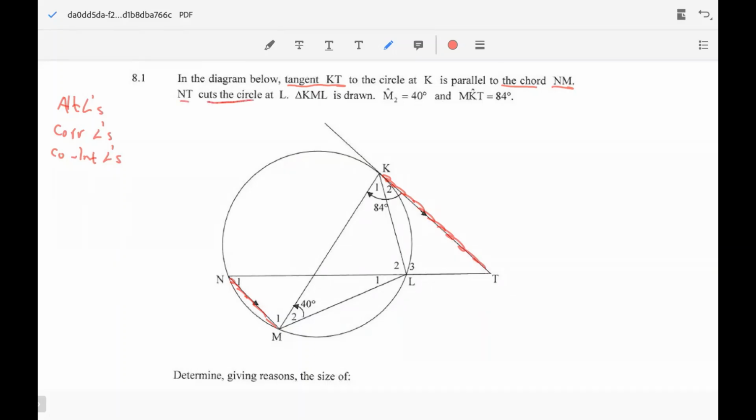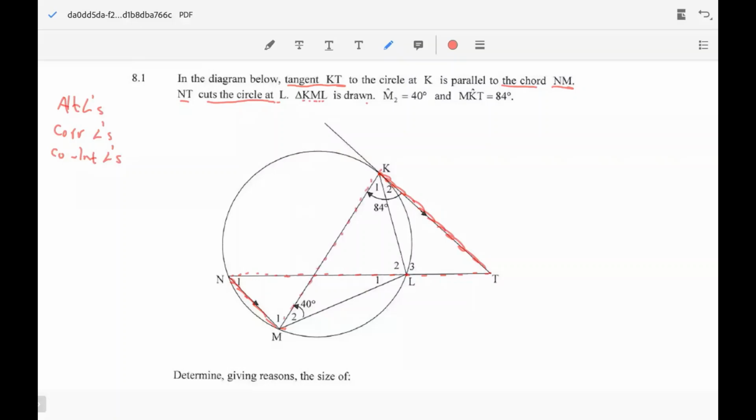So what else do we have? NT cuts the circle at L. So where's NT? T lies outside the circle, and NT cuts the circle at point L. L is a point on the circumference. Triangle KML is drawn. Hope you can see it.